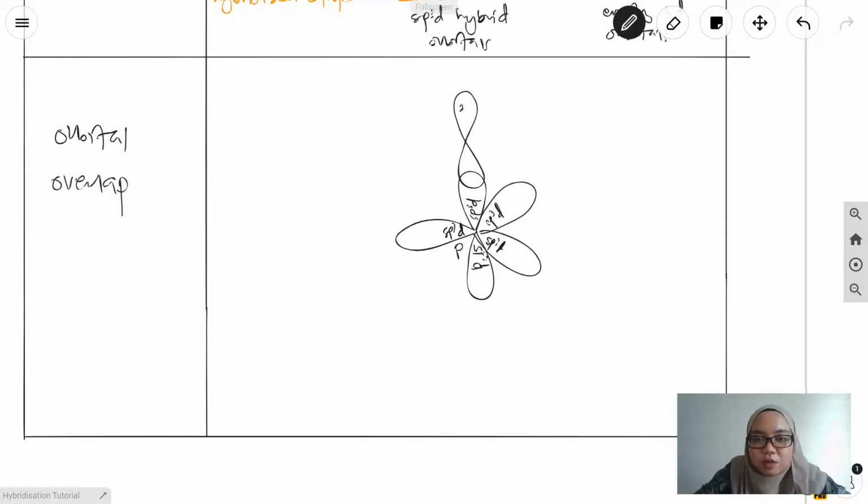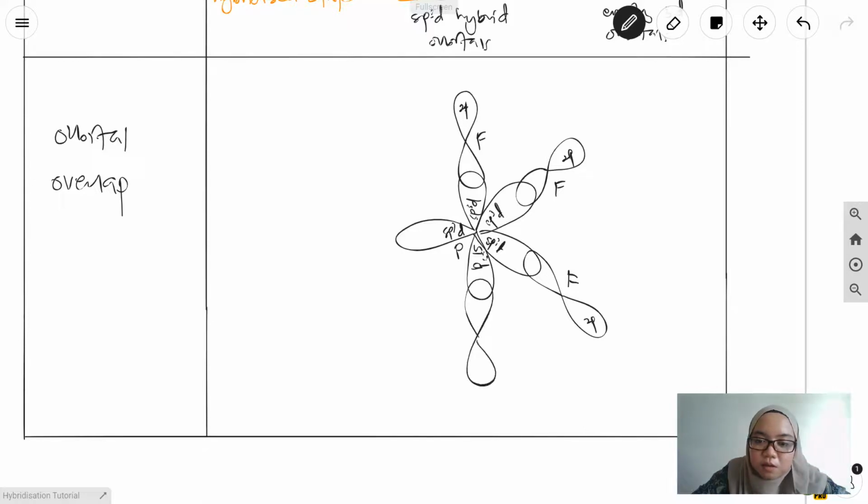Okay, so 2p fluorine, 2p fluorine, 2p fluorine, 2p fluorine, and then the last one.